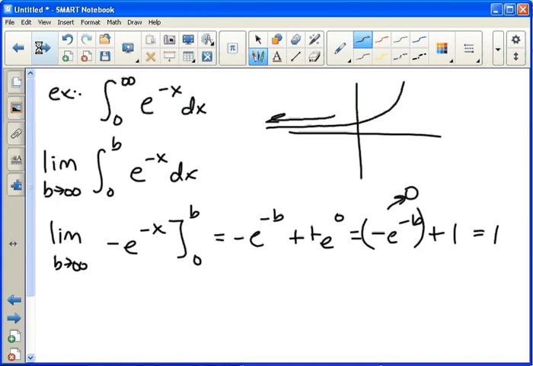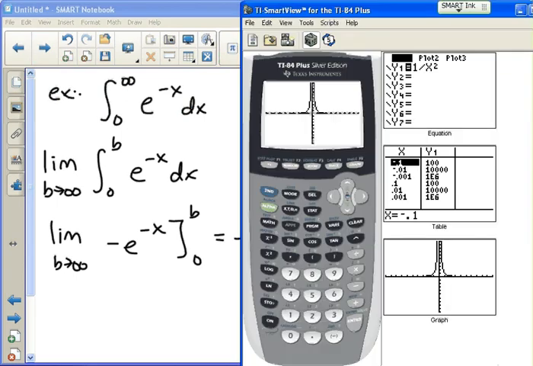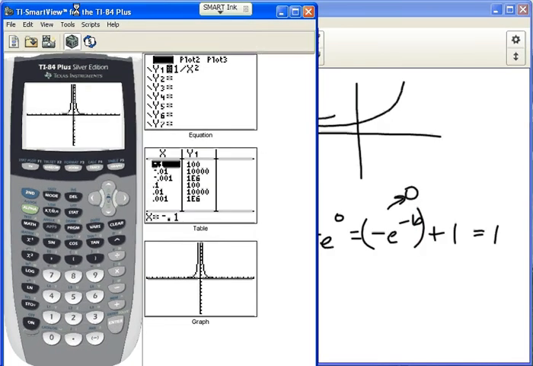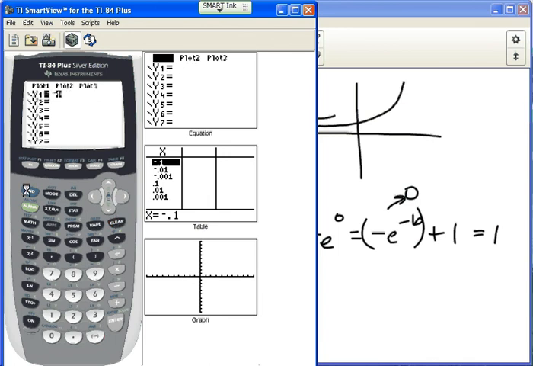But I also want to make sure you do know how to do it in the calculator. So let me pull that up and show you. You can do it just like the limits we did in our calculator way back in Calculus AB. We can plug y equals negative e to the negative x plus 1. Sorry, I put my parentheses in the wrong place. Let's fix that. Here we go.